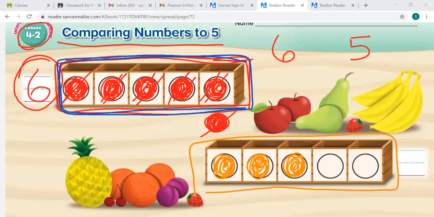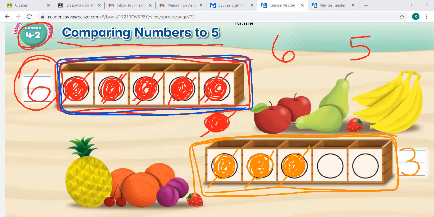All right, let's count them just to make sure. 1, 2, 3. So is 3 greater or less than 5? Remember, this is a 5 frame. We only colored in 3 counters. So is 3 less or greater than 5? It is less. So let's write the number 3 over here. 3 is less than 5.